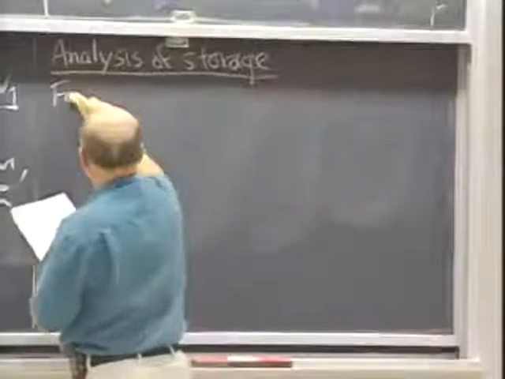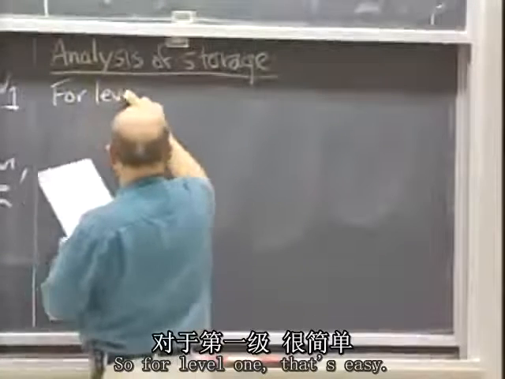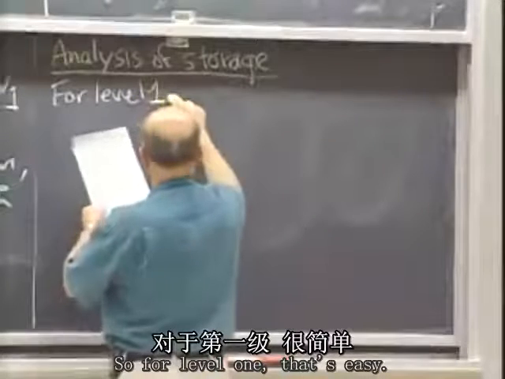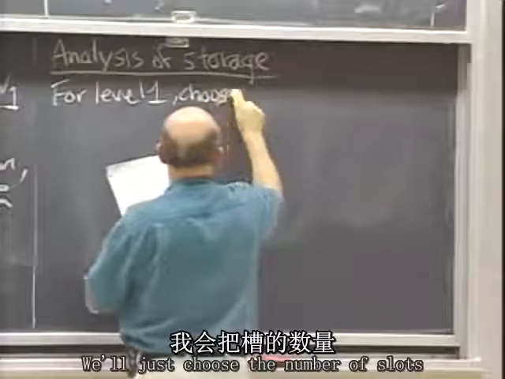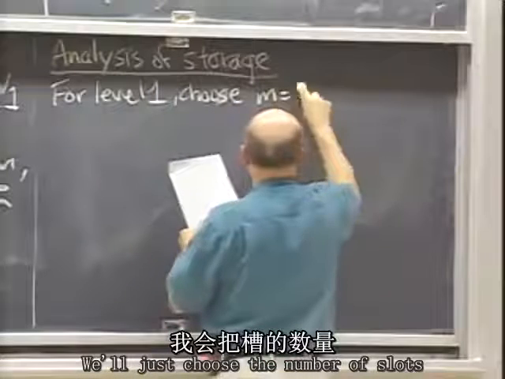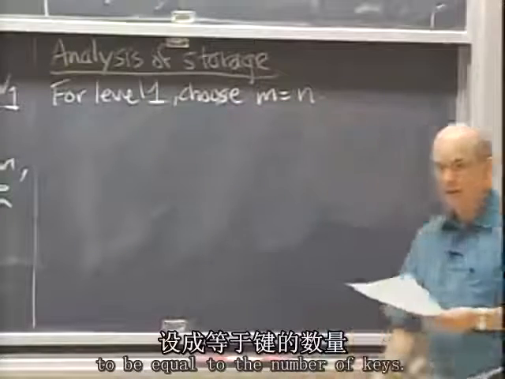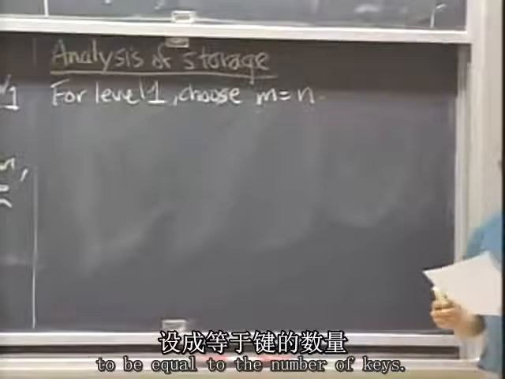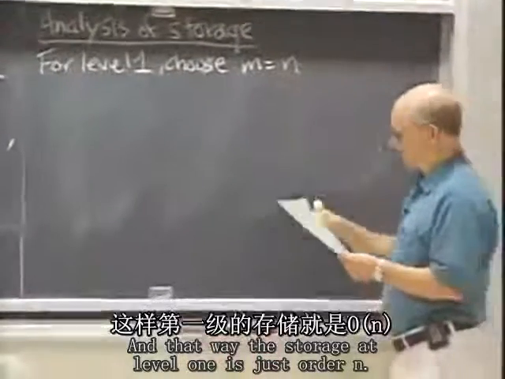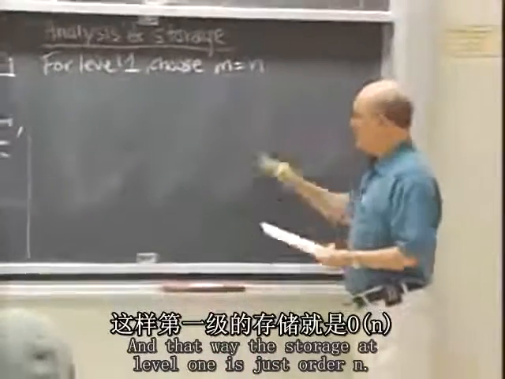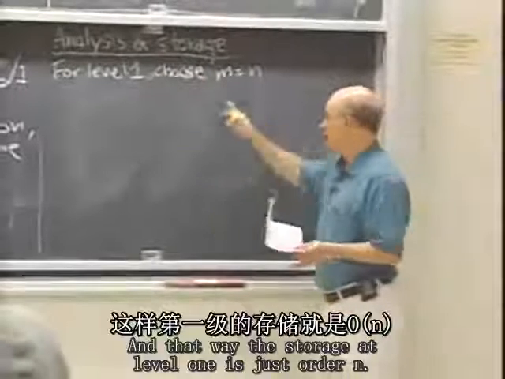Okay, so for level 1, that's easy. We'll just choose the number of slots to be equal to the number of keys. And that way the storage at level 1 is just order n.